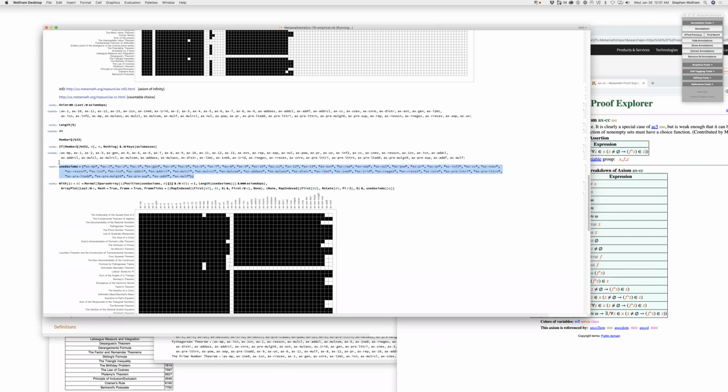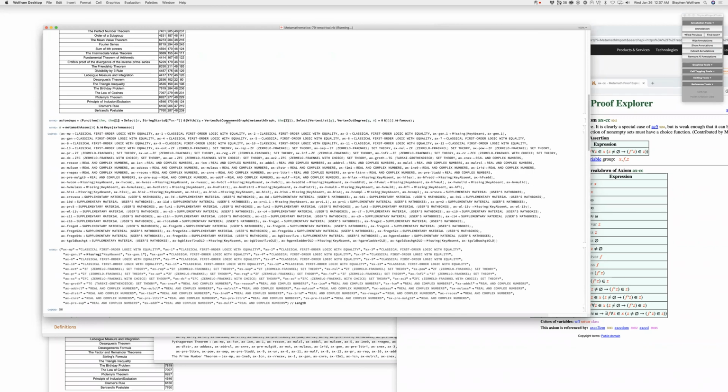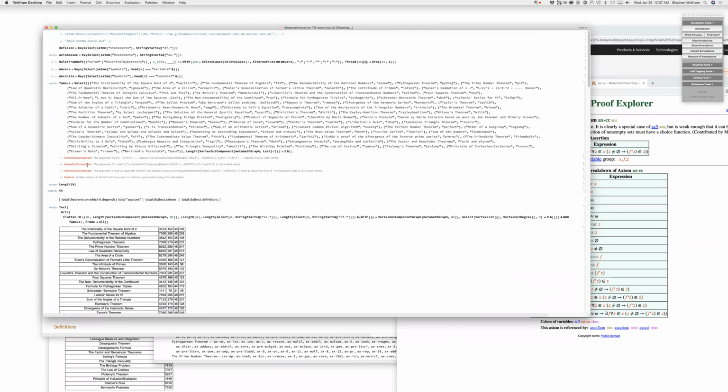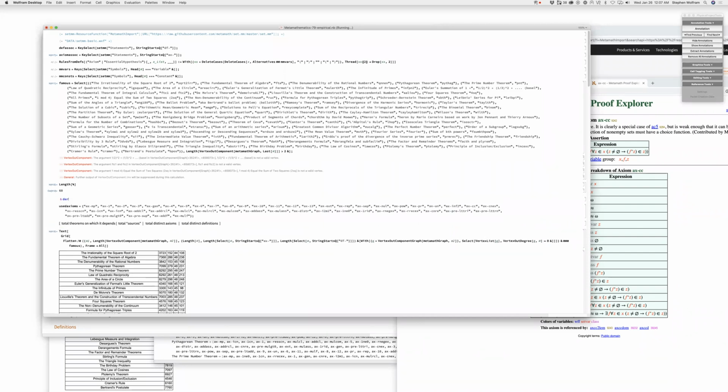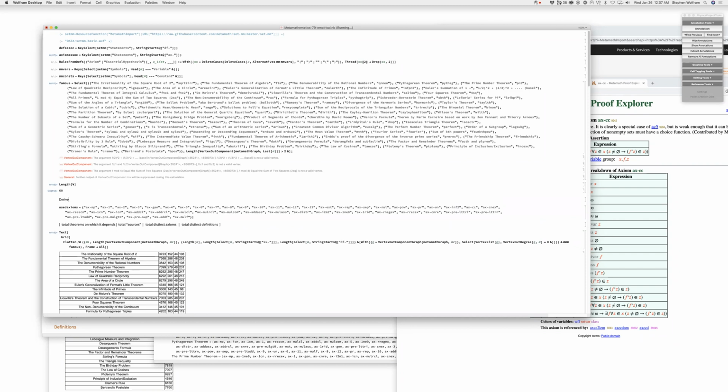I'm going to put used axioms up at the top. I think I have to kill it.